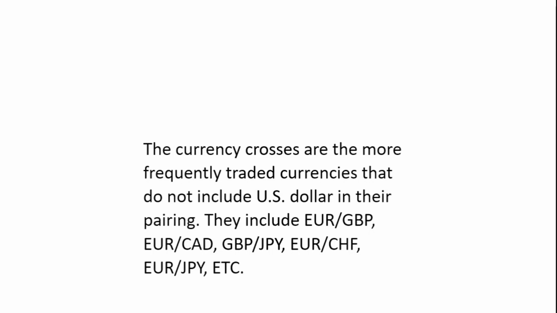There are very many, but in most cases, it's a combination of euro and the other currencies. Then there is a combination of the yen and other currencies. Then there is a combination of the British pound and other currencies. Yeah, like that. So the crosses, they don't have the US dollar in them. Then the major currencies, they have the US dollar in them.